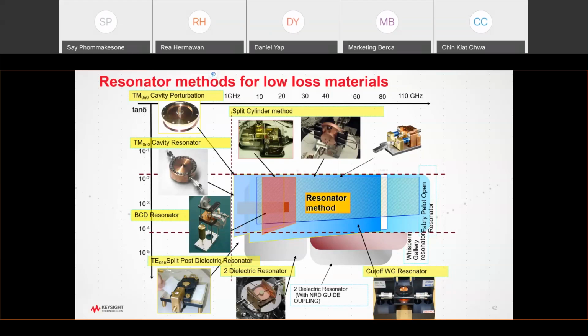So we have other methods that are available as well, and some of these methods are commercially available, not from Keysight. So from Keysight's point of view, we have these fixtures.